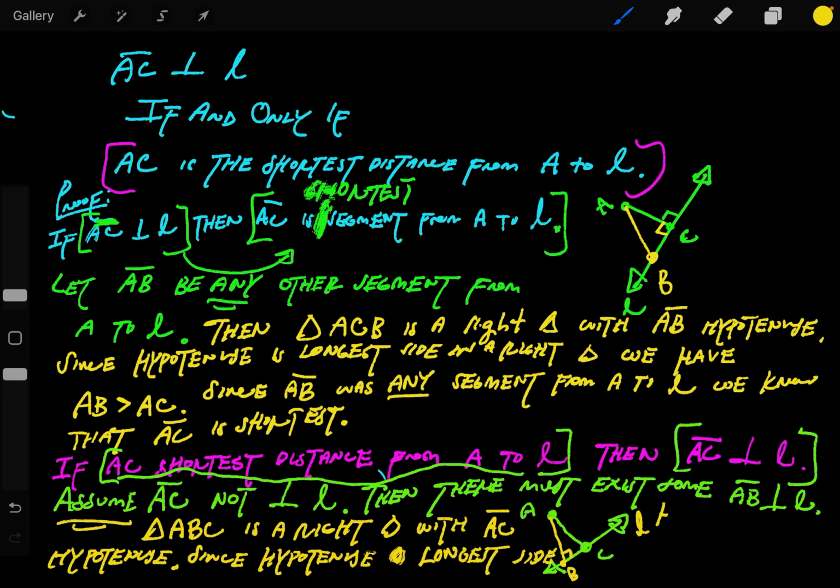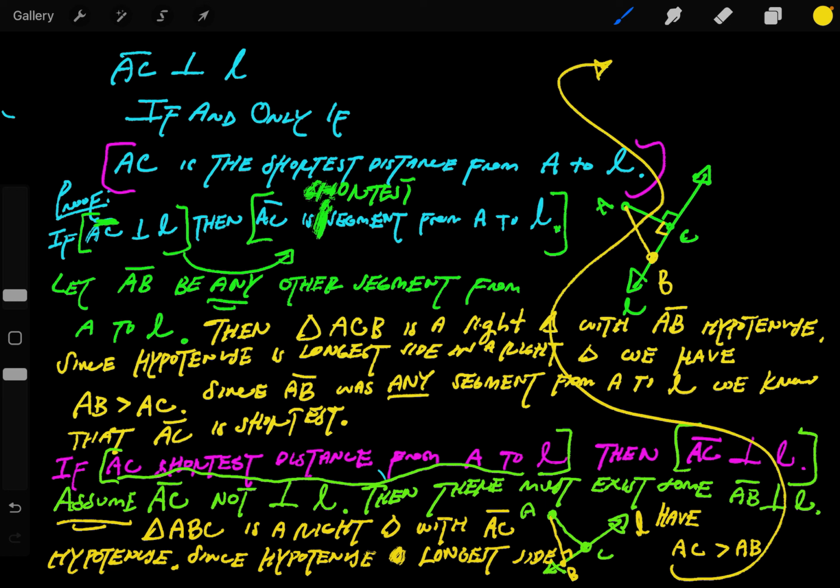We have the following inequality. We have that AC, the distance from A to C, must be greater than the distance from A to B. But this is a contradiction. So this down here is a contradiction. And you could write a contradiction with the two arrows facing one another. That means contradiction.